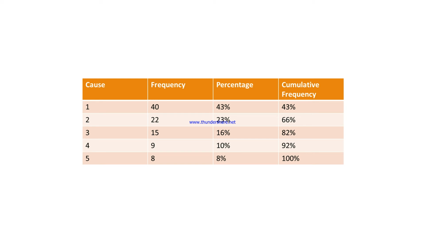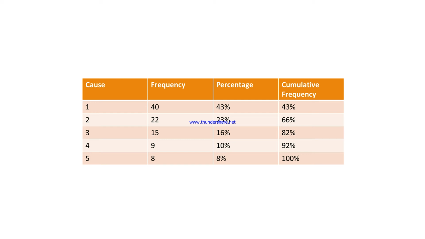So in the field of statistical process control, they define causes which are within the range 100 to 80 percent as the major causes, right? So you can see, when it comes to the first 3 causes, if you take the cumulative frequency, that is 82%. That is, if you take the total number of problems, 82% of problems are happening due to the first 3 causes.